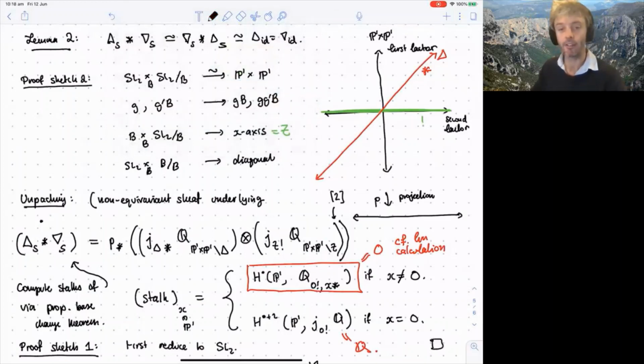And now there's an extra argument which you can make, which is that if you know that the underlying sheaf is a skyscraper, then the equivariant sheaf is a skyscraper too. The reason that I like this argument a little bit better than the other one is that the other one's kind of more formal, but this one shows to some extent geometrically what's going on.